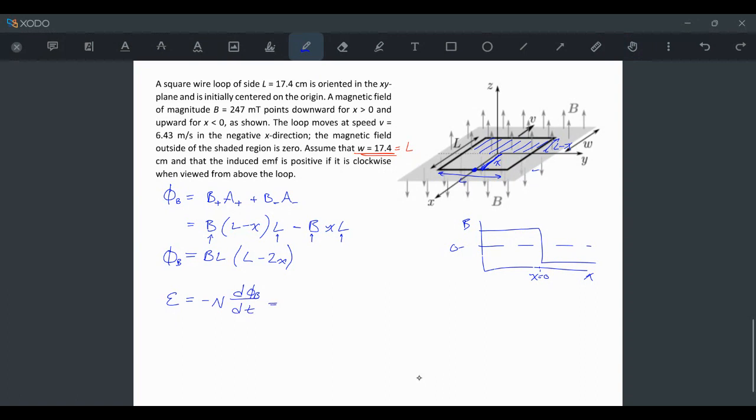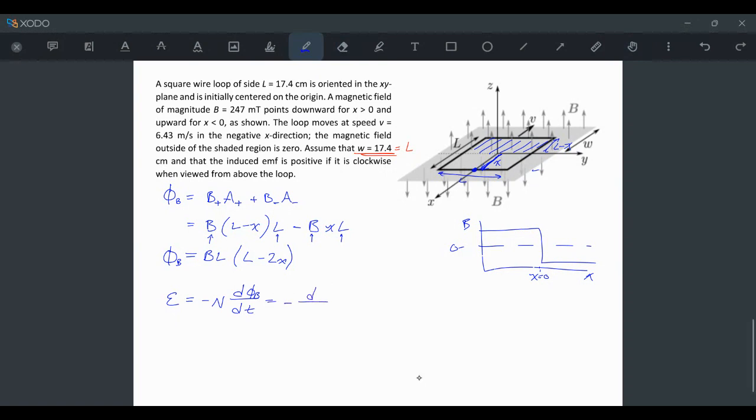If you don't have a function, and you know the flux was, say, originally 10, and then goes down to 0 in a certain amount of time, you could rewrite this as delta phi divided by delta t. But we're going to use the first form for now.